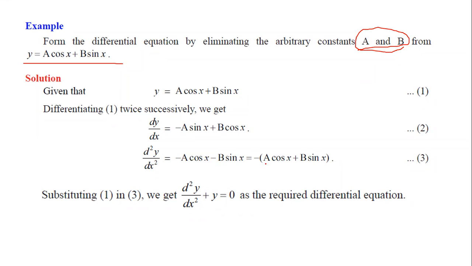Taking the minus as common, a cos x plus b sin x is y. Therefore, d square y by dx square plus y equal to 0. This is the required differential equation.